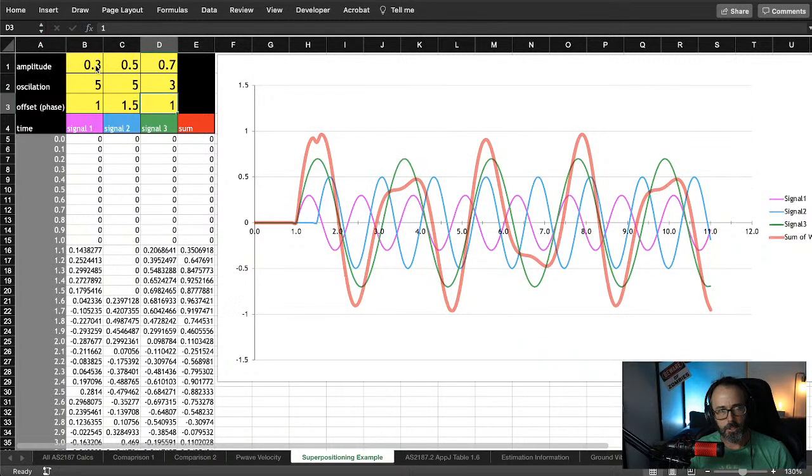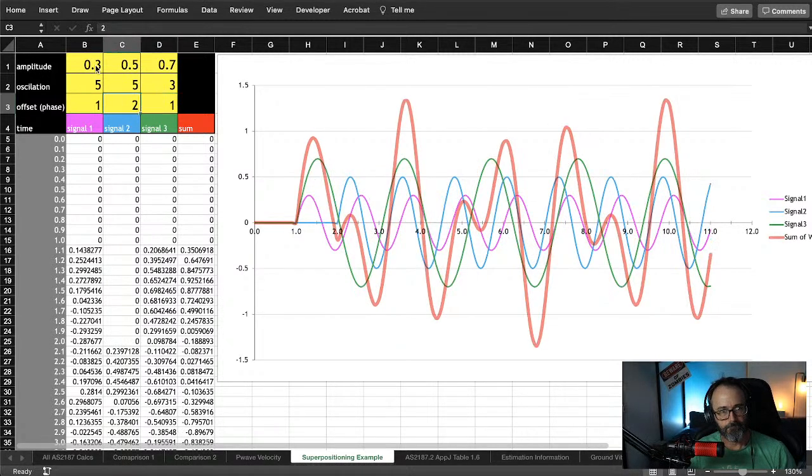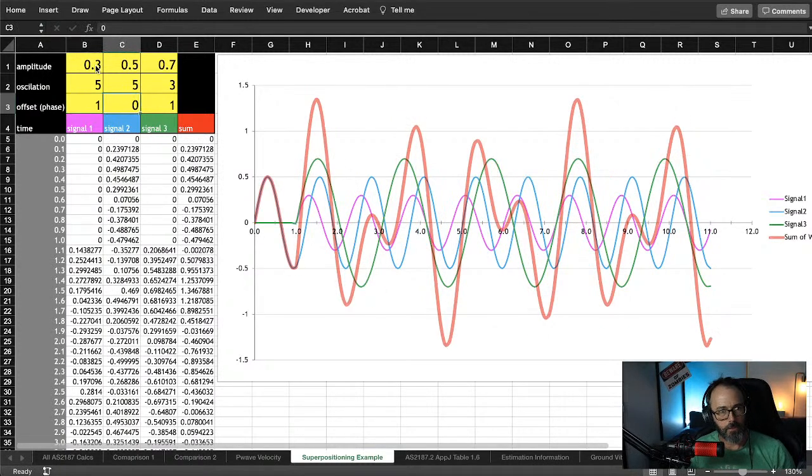1.5, let me just check that. Sorry, we're at 5 and, well, maybe 2 it is. I'll get it right sooner or later. We want this to be completely out of phase, so we'll start it there or something like that.